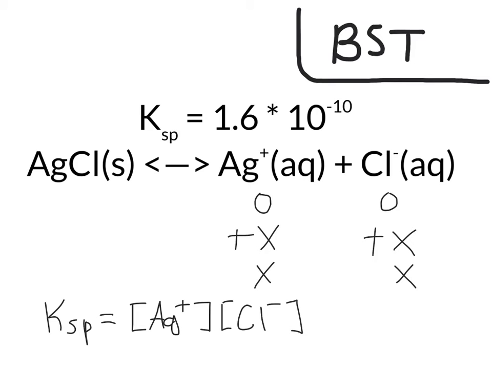And we have that both are equal to X, so we actually have X squared. And because we're given that KSP is 1.6 times 10 to the negative 10th, we can actually find that X is equal to 1.3 times 10 to the negative 5th moles per liter, and that is what is called the molar solubility.